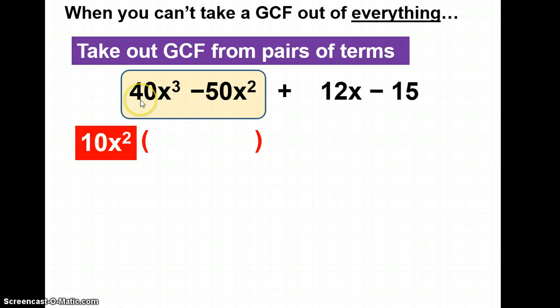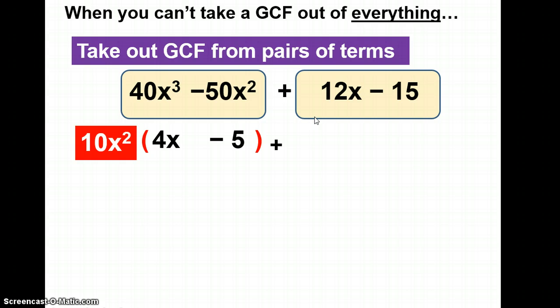So 10 goes into 40 how many times? All right, and I'm left with 1x because I only took out an x squared. And 10 goes into 50 how many times? And the x squareds cancel out. I'm left with negative 5. All right. What's a multiple I can take out of these two? Right, they're both multiples of 3.